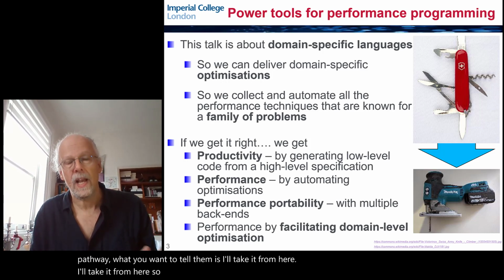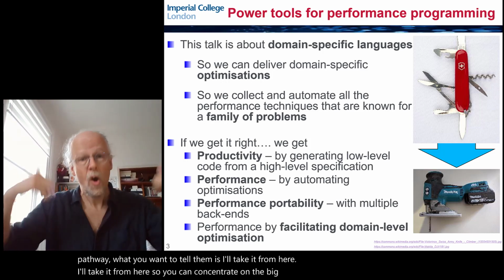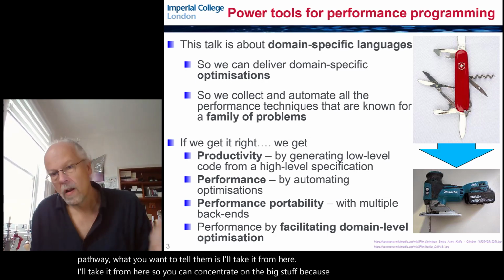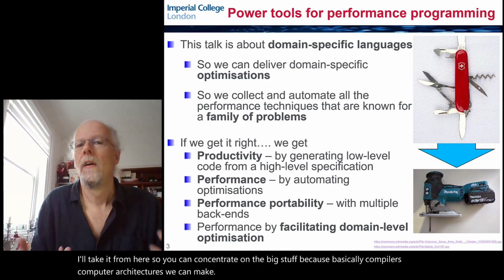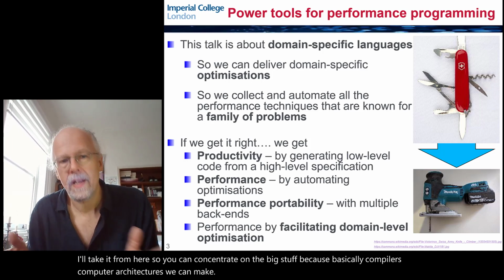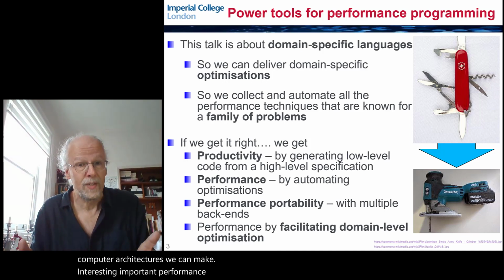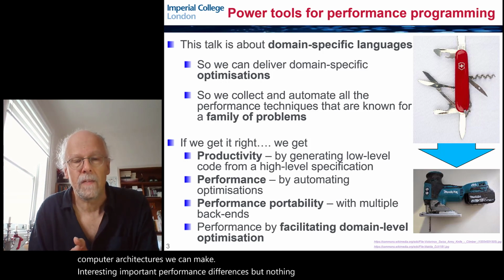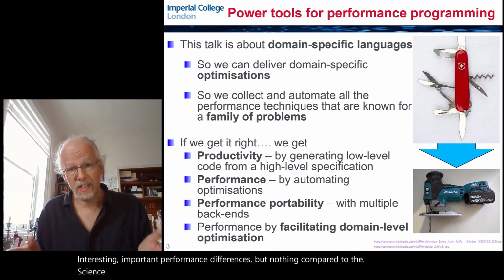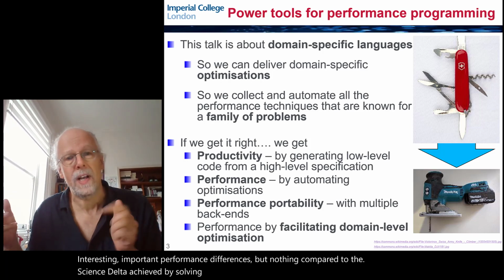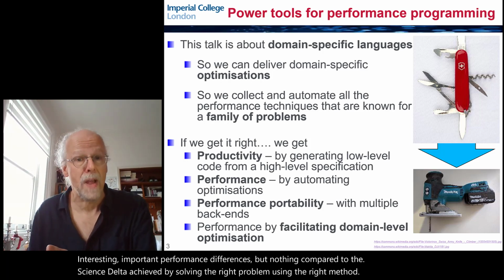I'll take it from here so you can concentrate on the big stuff. Because basically, compilers, computer architectures, we can make interesting, important performance differences, but nothing compared to the science delta achieved by solving the right problem using the right method.